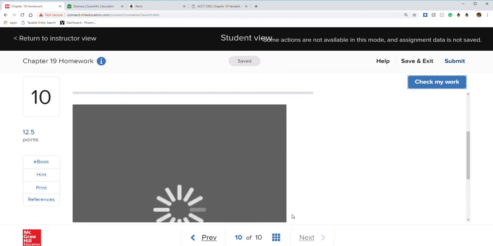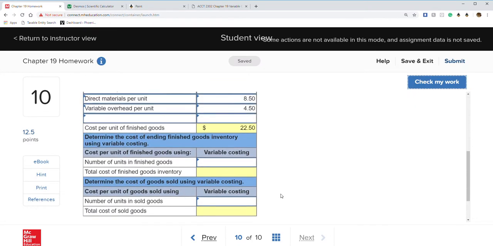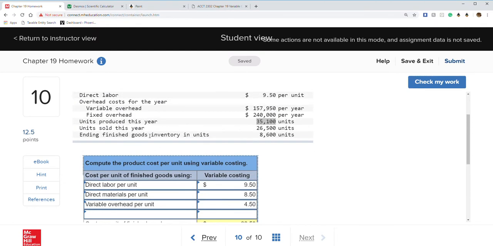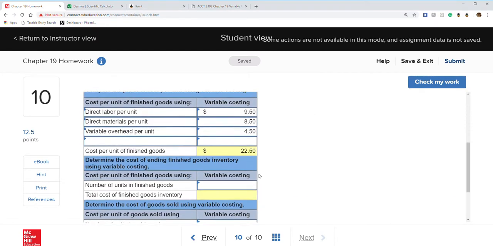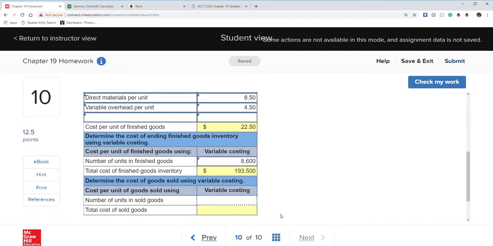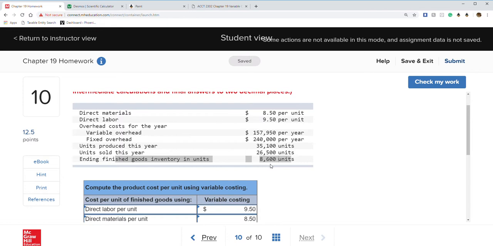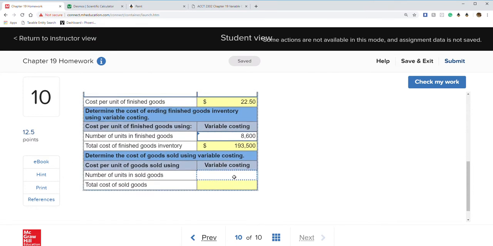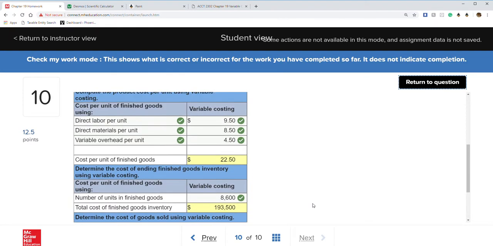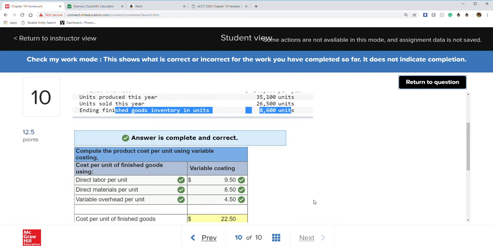Just to make sure everything's good. And again, all we do is plug in the numbers. So, number of units and finished goods is 8,600. And number of units sold is 26,500. Check. Boom. Everything's good. And everything's done.